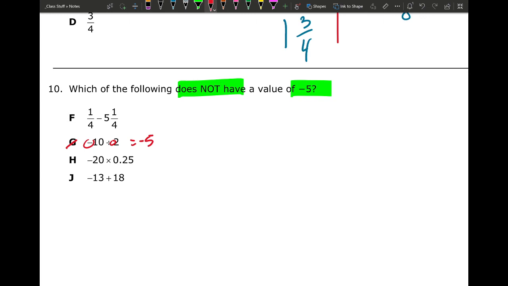Let's look at H. Opposite signs, subtract and keep the sign of the bigger number. 18 minus 13, that's 5. This is bigger, so this is positive. So my answer must be H. Let's prove the other ones wrong as well. Negative 20 times 0.25.